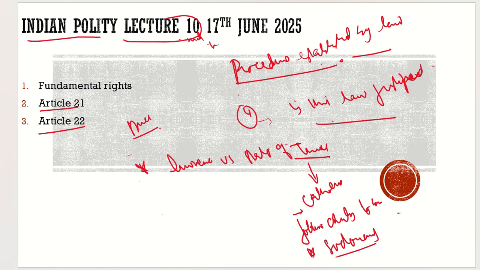So what is this Lawrence versus State of Texas? Here the case was about two people who were holding hands in the market, and they were caught, booked under the sodomy act, and sentenced to a jail term. Then the Supreme Court intervened. The Supreme Court said that even though there is a law from Texas, even though the procedure was followed, there is a law and the law is valid, but this law is not justified.